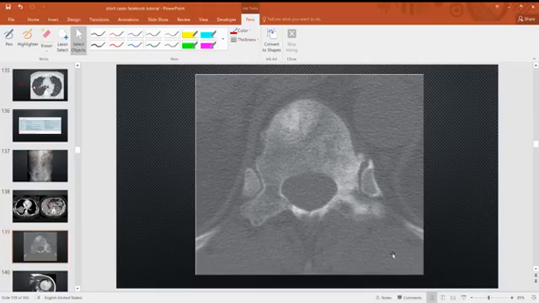Patient with bone pain. What are your findings?